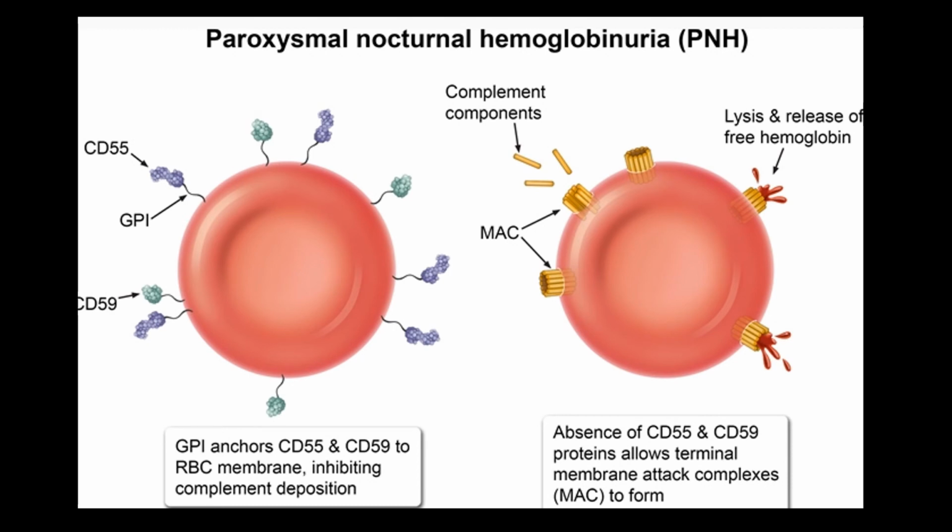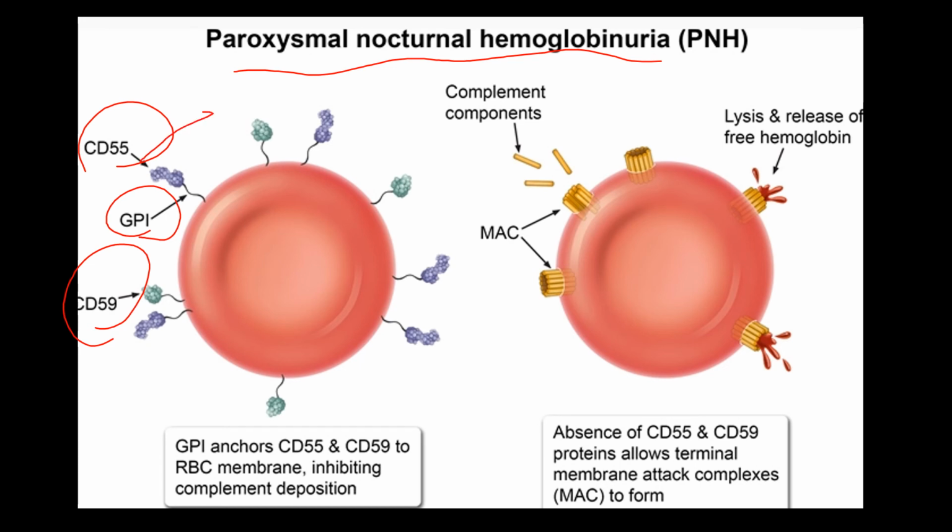Now this slide demonstrates the mechanism of paroxysmal nocturnal hemoglobinuria. Here we can see that the GPI, or glycosyl phosphatidyl inositol, protein anchors CD55 and CD59. CD55 is decay accelerating factor and CD59 is MAC inhibitory protein.